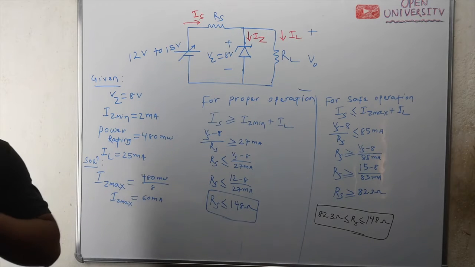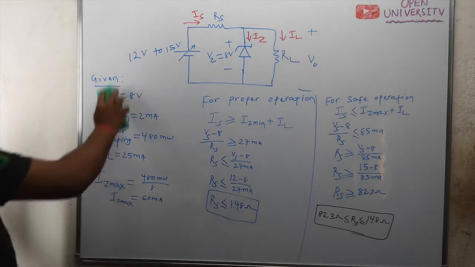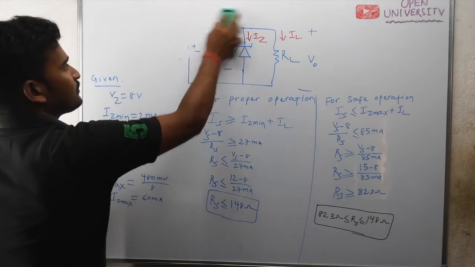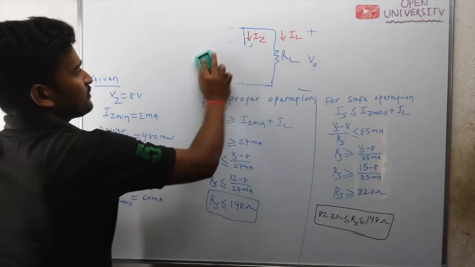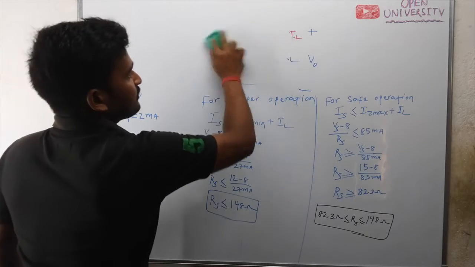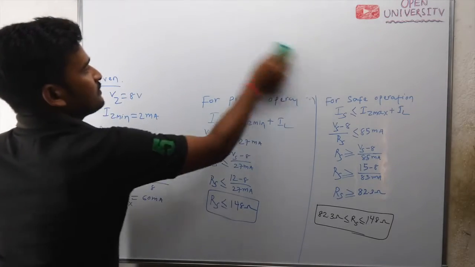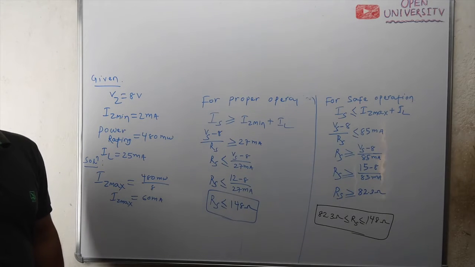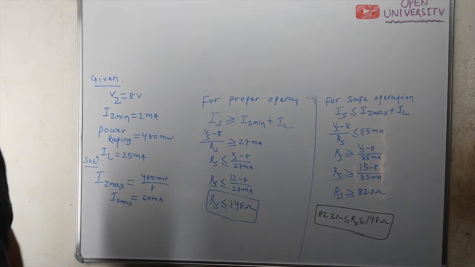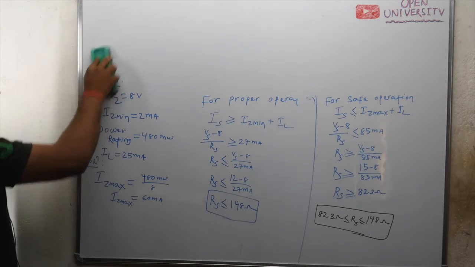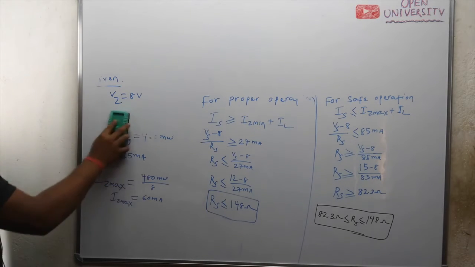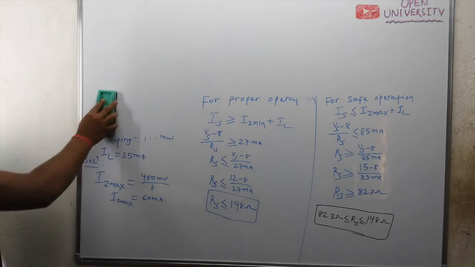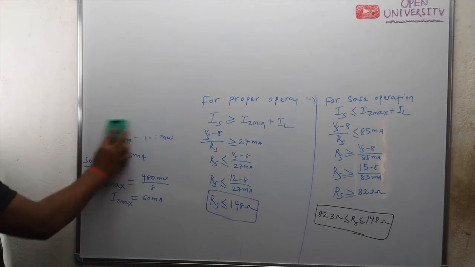In the circuit shown, the Zener diode has VZ equal to 7 volt and negligible knee current.